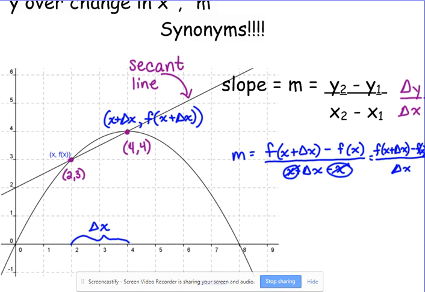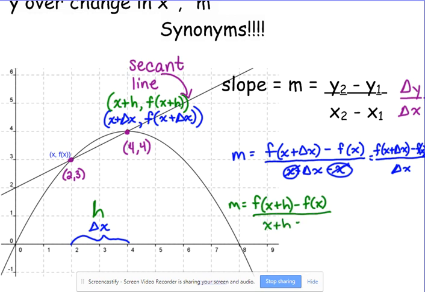You may also see them, instead of using a delta x, use an h. Same premise, we started at x, we moved h units. So here is what our second point would look like. If we do that slope, we've got f of x plus h minus f of x over x plus h minus x.